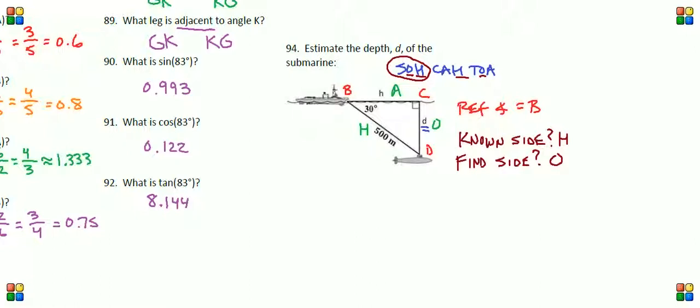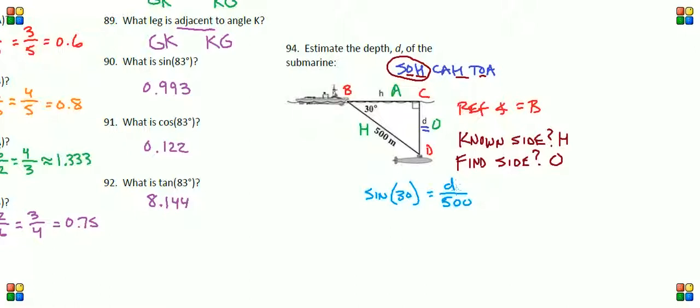So let's go ahead and write our equation now. Sine of angle B, which is 30 degrees, is equal to, well, sine is opposite over hypotenuse. The opposite is the side we don't know. I'm going to label that as D. And the hypotenuse is 500 meters.